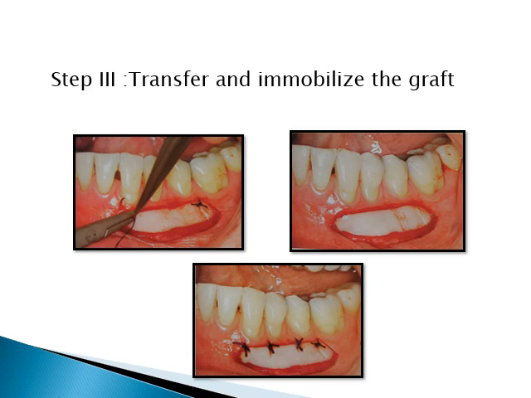Then make the suture, and after finishing the suture, apply pressure with your finger for about 2 to 3 minutes to avoid too much clot formed under the graft, because this prevents attachment of the graft to the recipient bed, the periosteum, and may cause infection, because the blood clot acts as a nutrient for microorganisms.